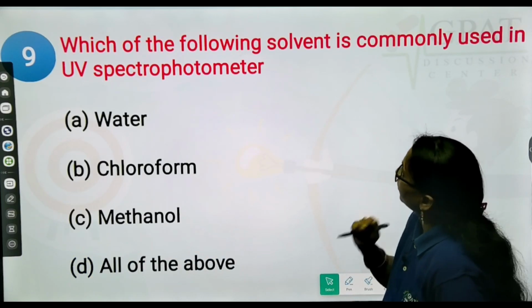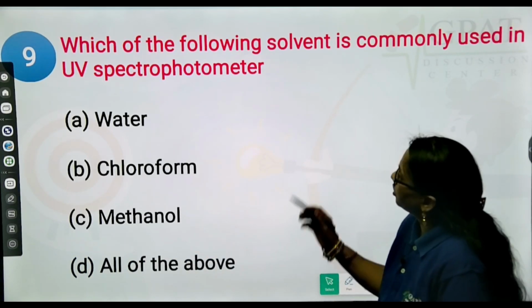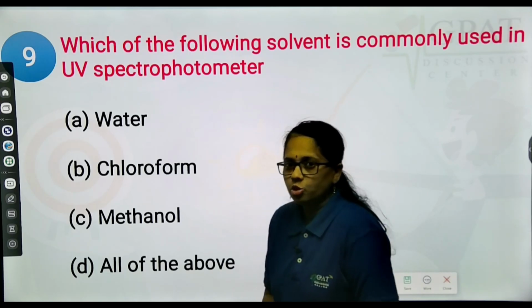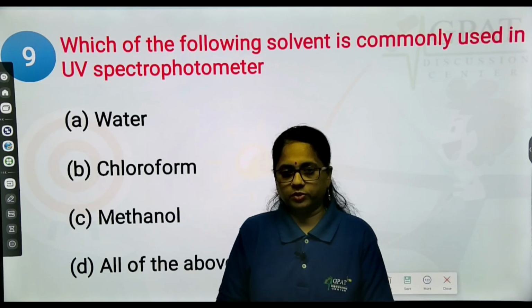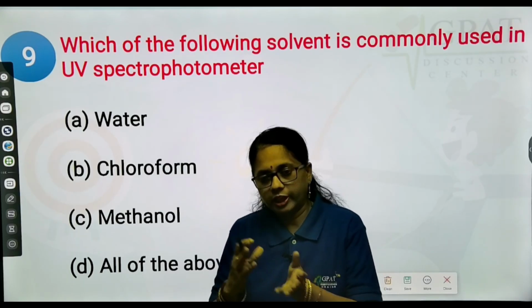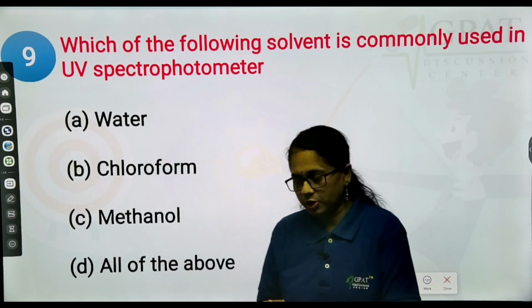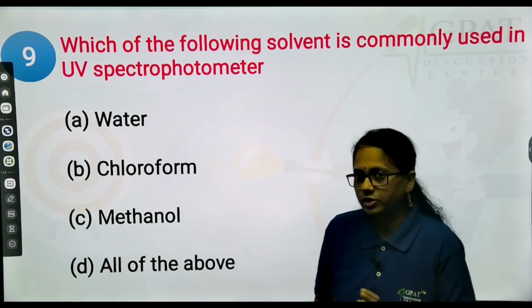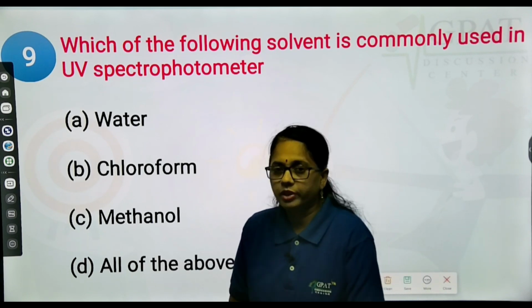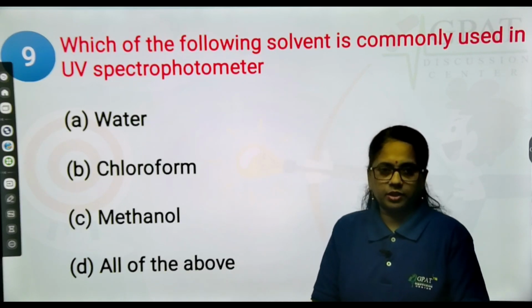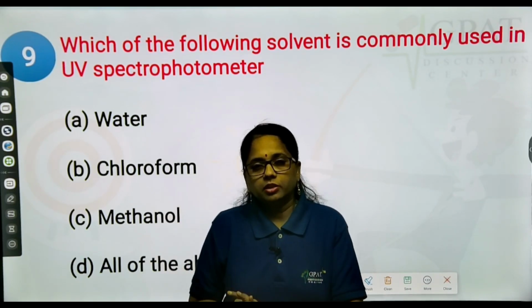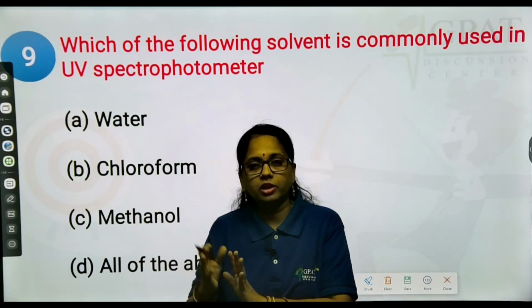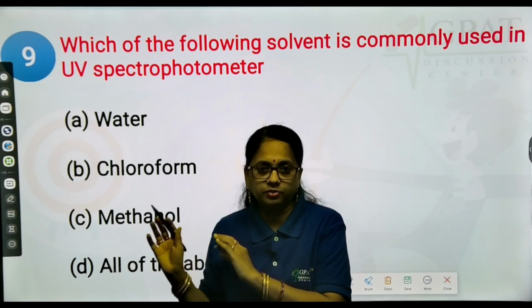Next, which of the following solvents is commonly used in the UV spectrophotometer? Solvents are used for the solubility of the analytes when we take the spectrum in the UV and visible regions. We use different types of solvents, but whatever the solvent is, you should know about the UV cutoff. That means the wavelength above which only those solvents will not have any absorbance.